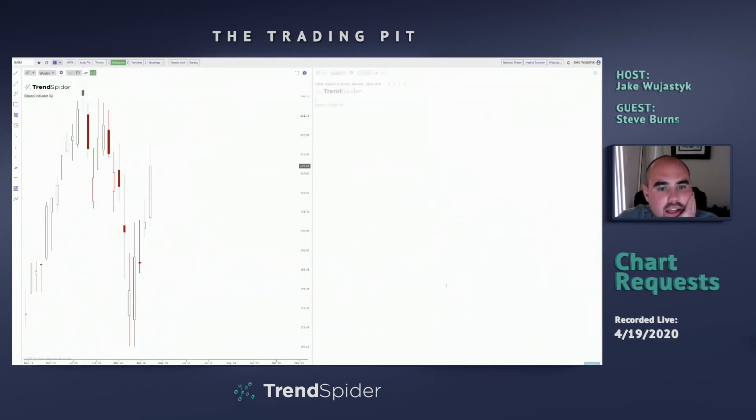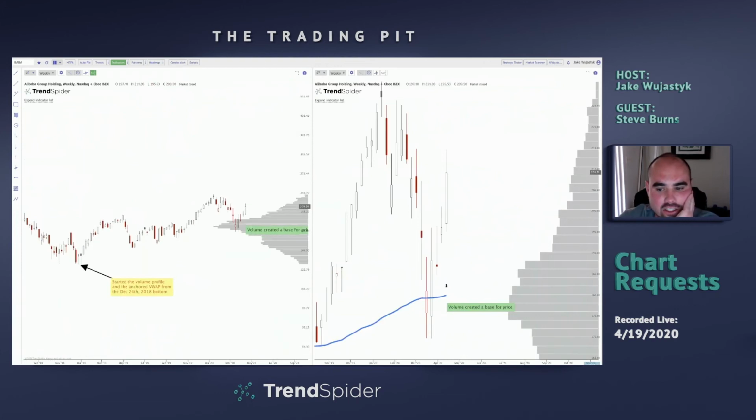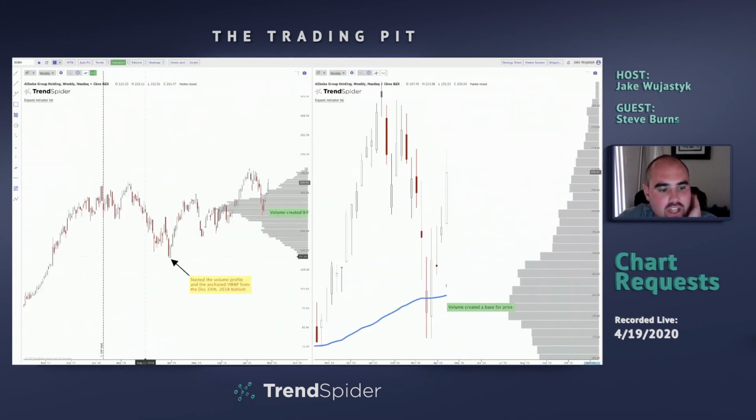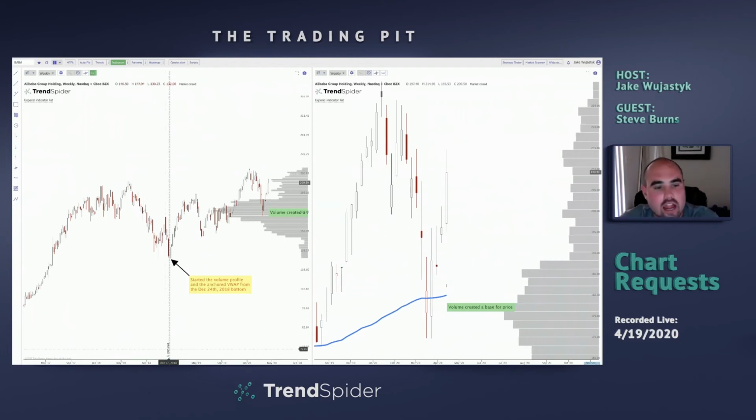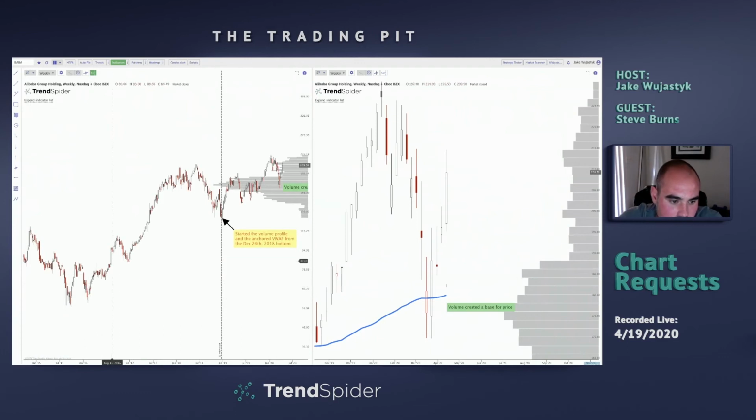So BABA, this is one that I'm going to go over on the weekly versus the daily chart. The first thing on the weekly, right? I want to anchor the volume by price from the December 2018 low, because anybody who bought on this uptrend either likely took their profits or added to their position.